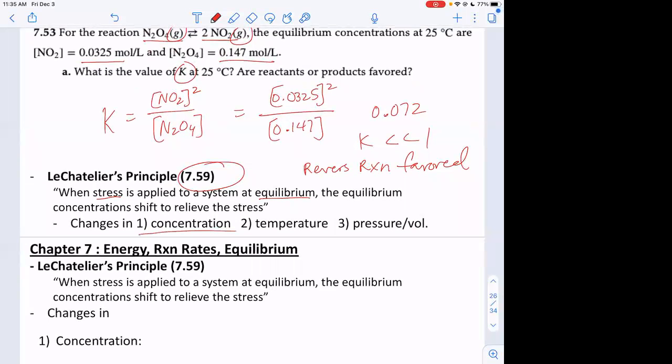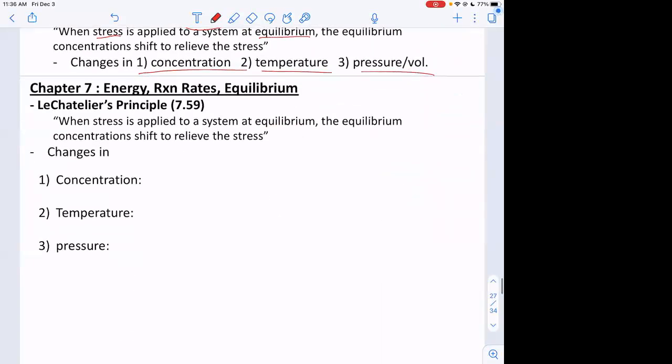So we talked about changes in concentration, changes in temperature, and then changes in pressure or volume. We really don't address volume so much. Volume is opposite to pressure, but we do talk about change in pressure if you have gases in your reaction. So how does all this work? Changes in concentration.